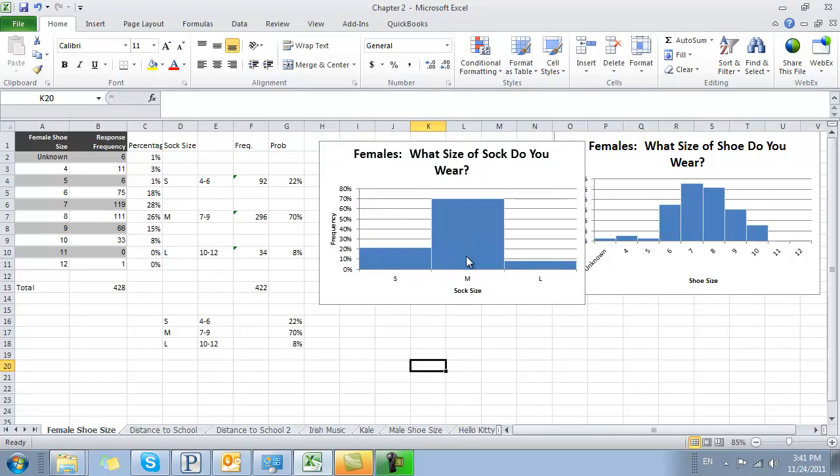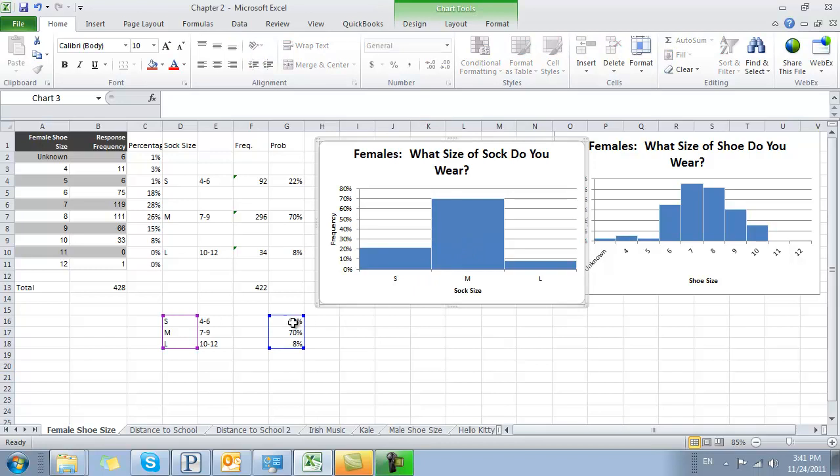Excel has added some new features in its current edition. One of them allows me to do something very fancy. Watch what I'm doing. This purple is obviously the small, medium, and large, or your x-axis. I'm going to scoot this over one. Oops, didn't quite get it. I'm grabbing the handle and trying to scoot it.